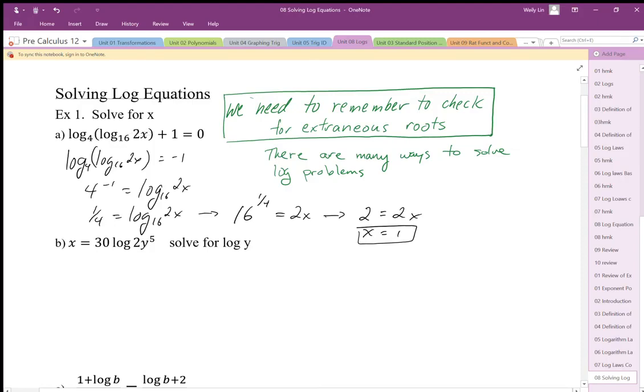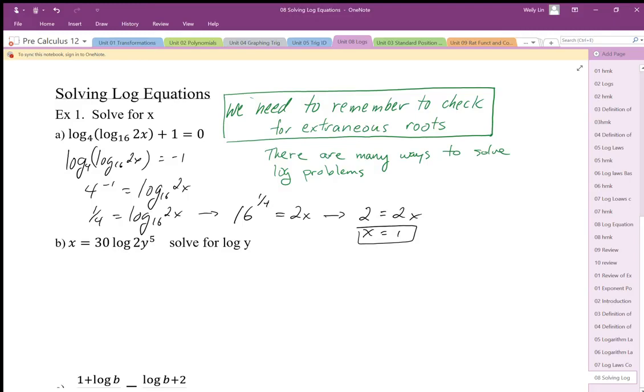So we are going to end up with log base 4 of 1/4, which is -1, plus 1 is 0. So that works. Okay, so we have to plug it back in to make sure that this solution is, in fact, valid.